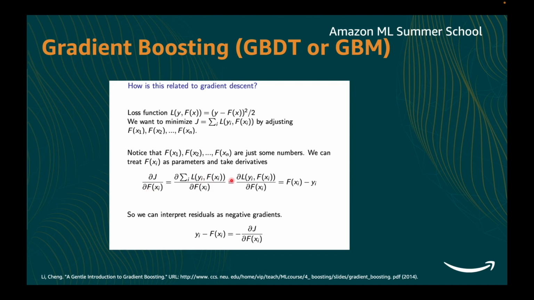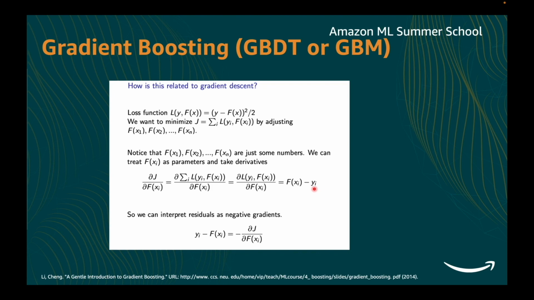If you calculate that and work it out over here, it turns out it's actually the residual. So the gradient over here is just your prediction minus your true value y1.